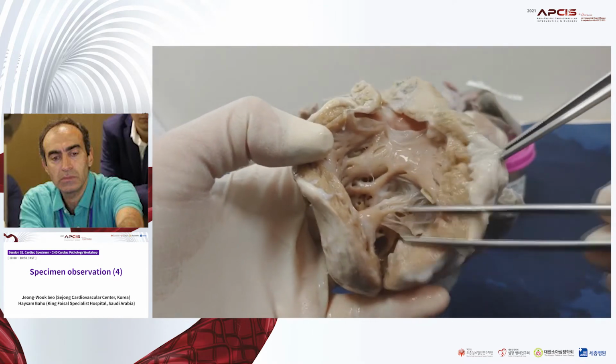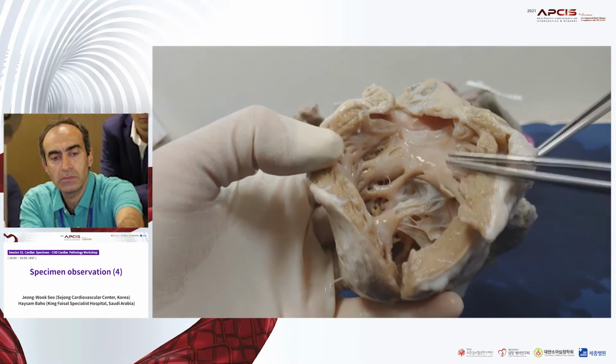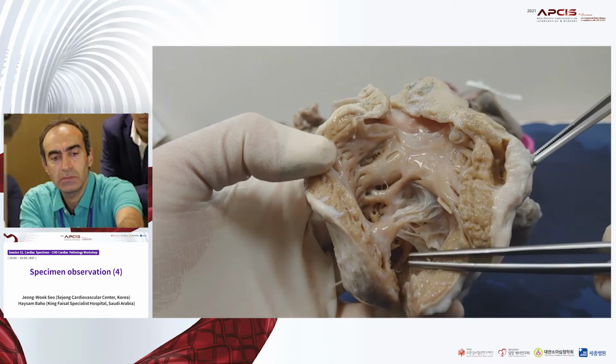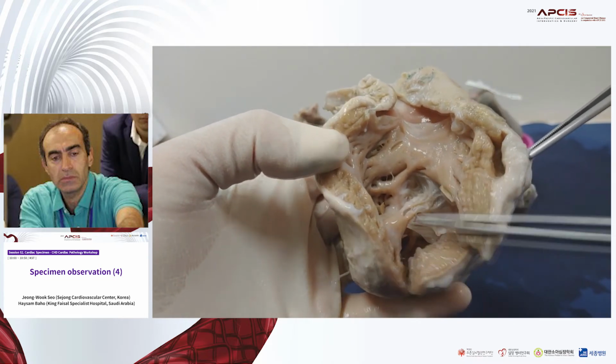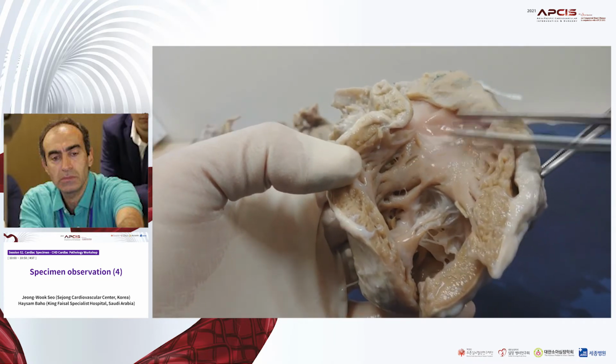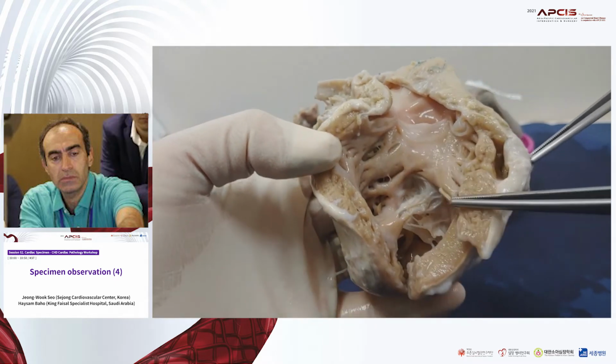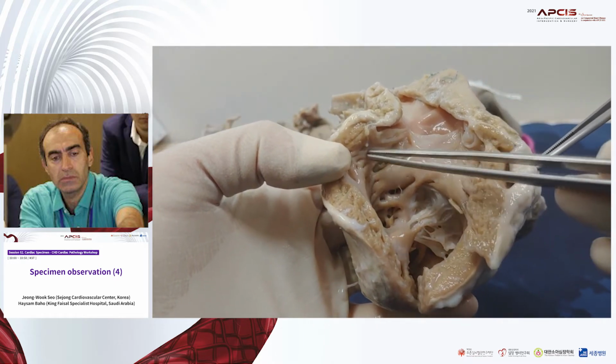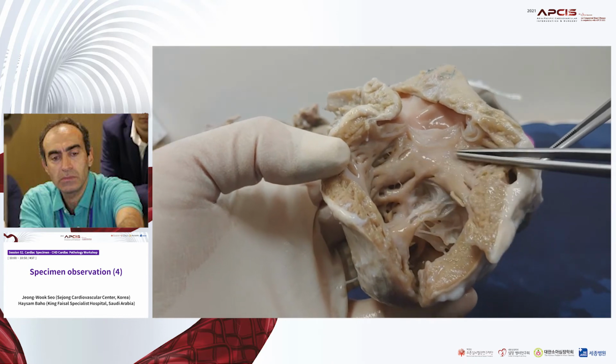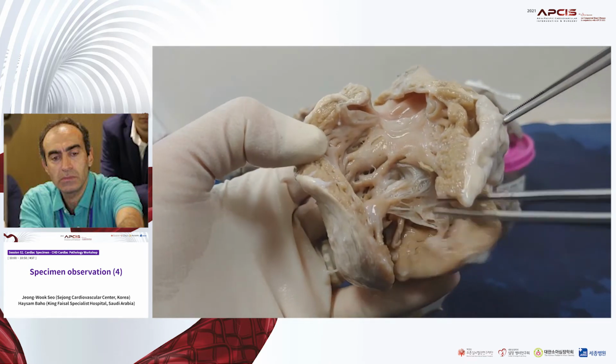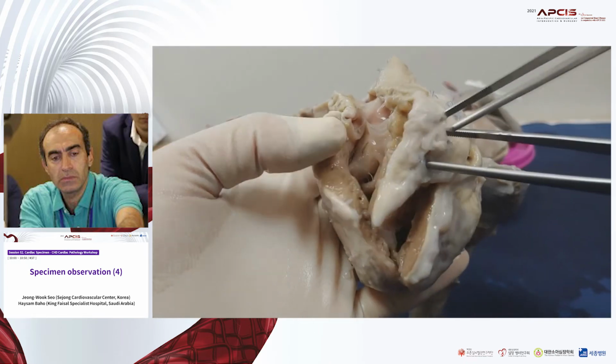However, the anatomy is so complex that the heart has to be treated as a single ventricle. Now, we can see that this is the right ventricle because if we look at the aorta, which is rising from here, we can see this definite infundibulum that separates the ventricle from the great artery.